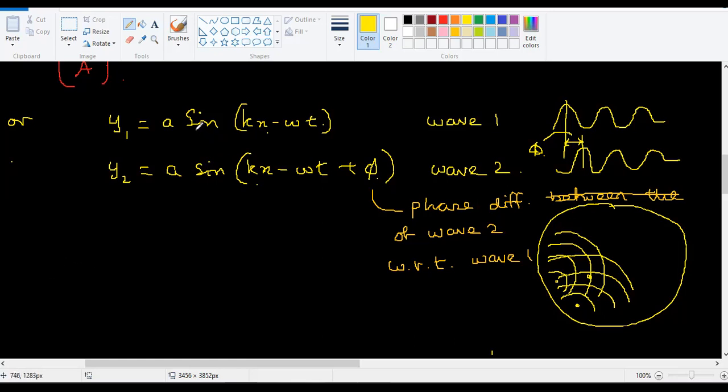Anybody remember the formulas? Sine C plus sine D is equal to, anybody? 2 times... Nobody remembers the formula.